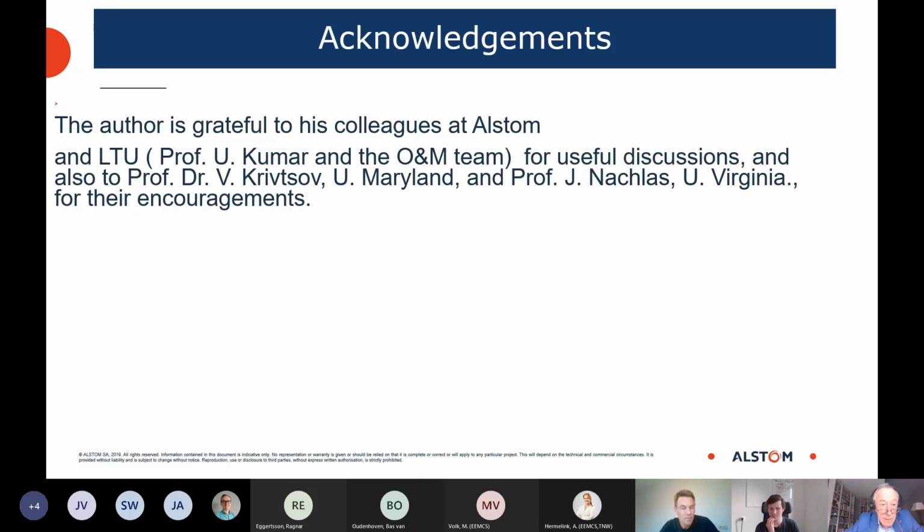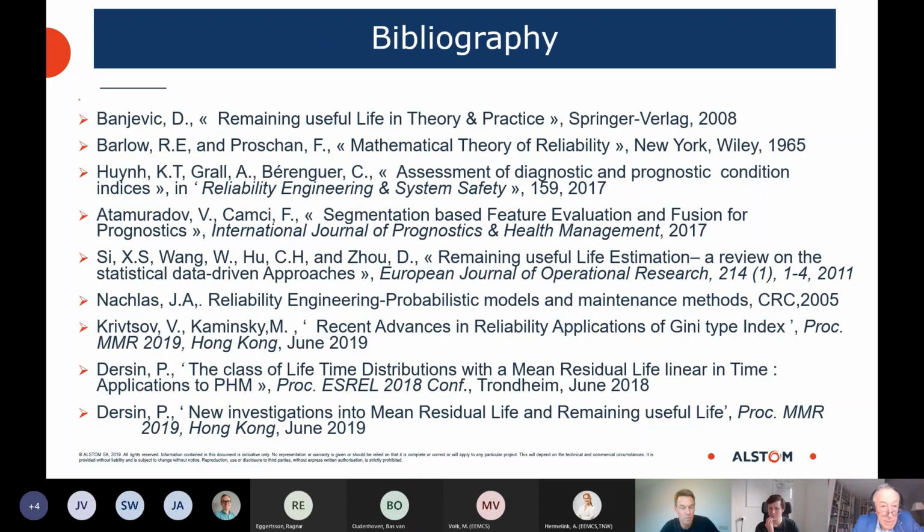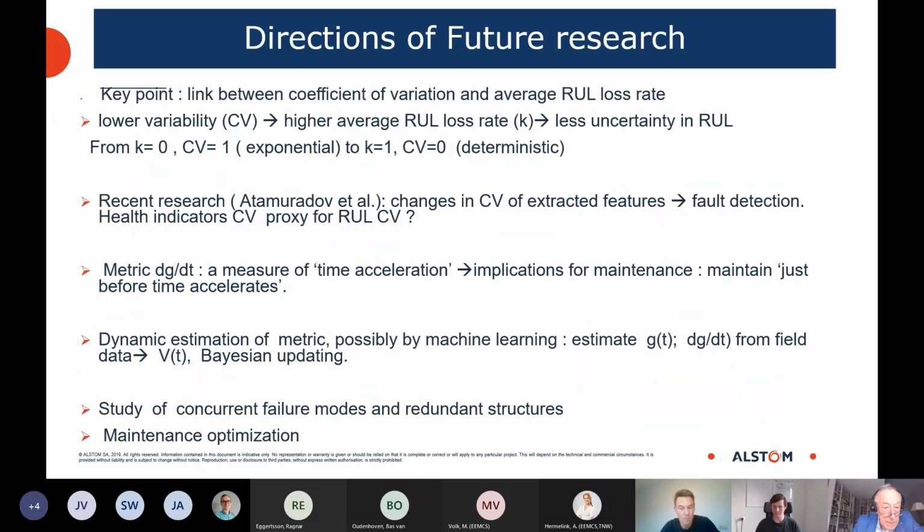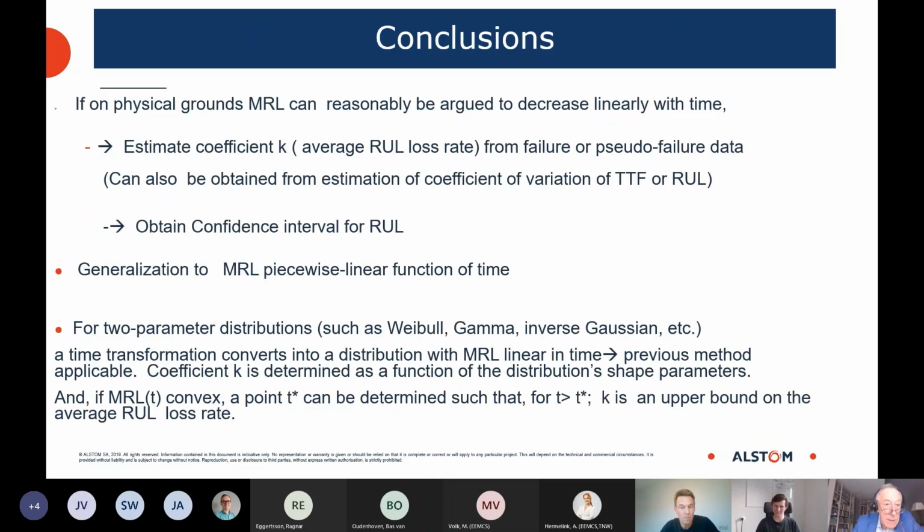I think the main contribution is that, as well as trying to use this, of course, for maintenance, but it is something I will not really dwell on here. And to do this, of course, it's not in the fully general case, but already the class of distributions which are two-parameter distributions covers quite a wide class, I think. It's also a way of interpreting what it means. By introducing this MRL, it's also a way of looking at how things degrade and what it means.